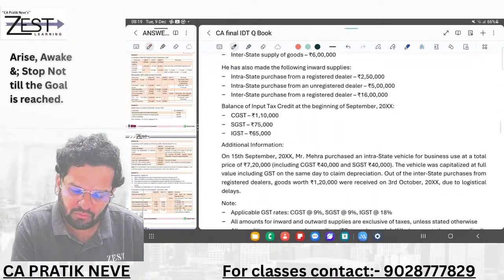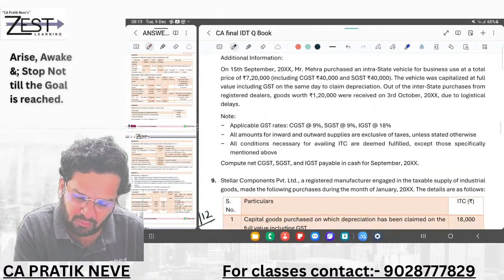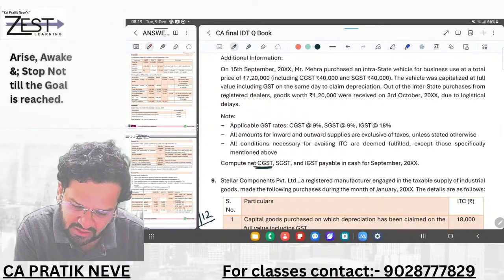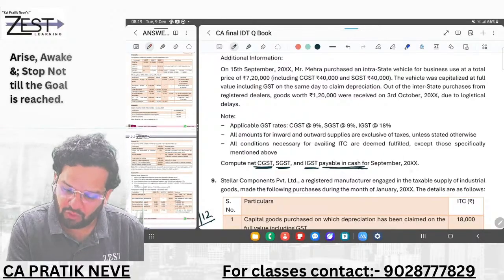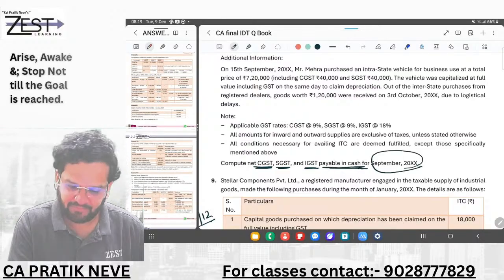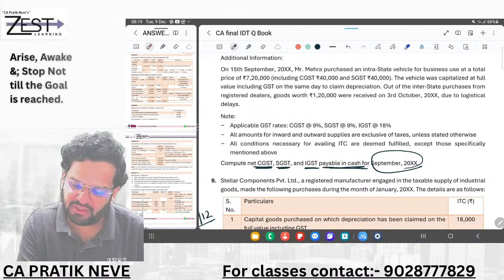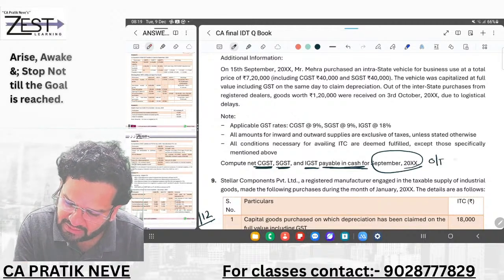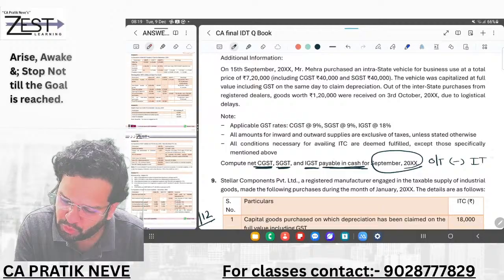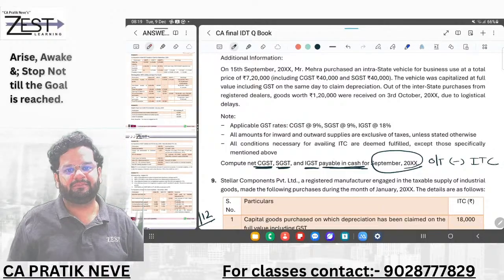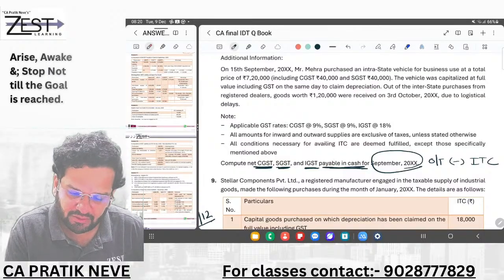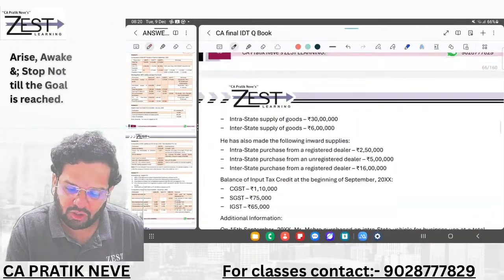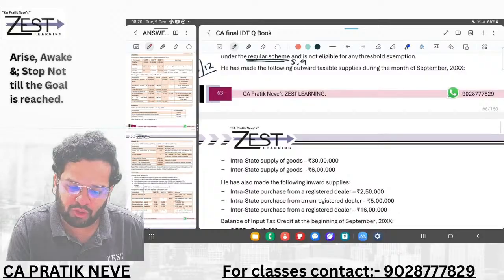What you have to do, you have to compute net CGST, SGST, IGST payable in cash for the month of September. Payable in cash means output tax minus input tax credit. Okay, net GST payable you have to calculate. Let's see for the month of September. So you will need output tax first.